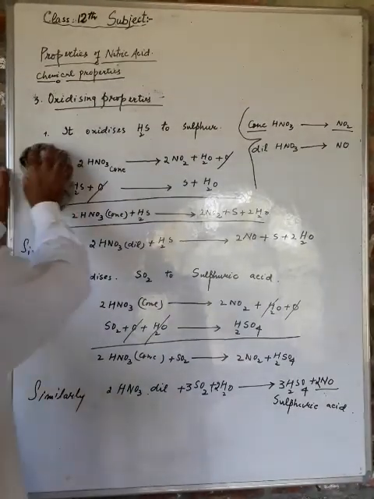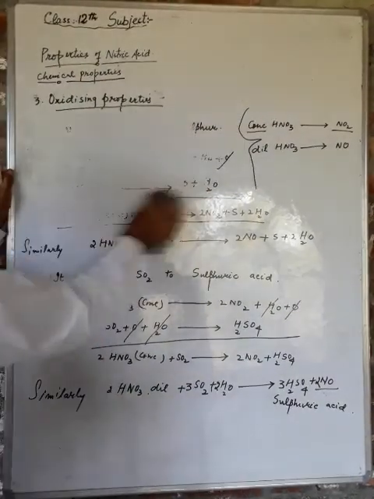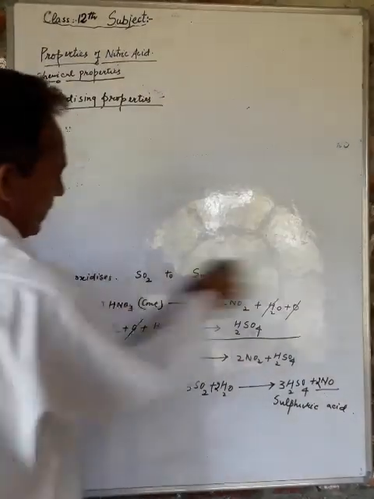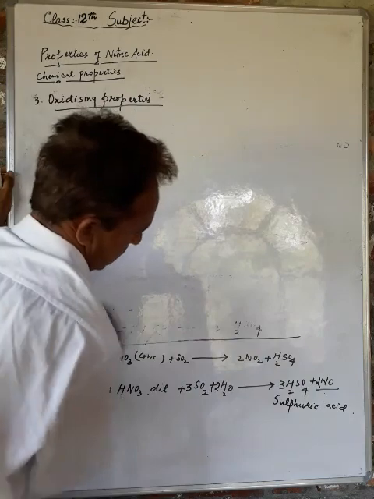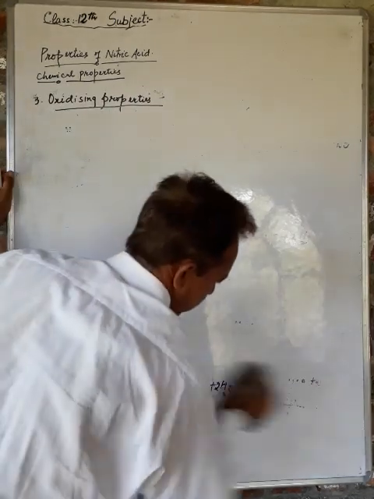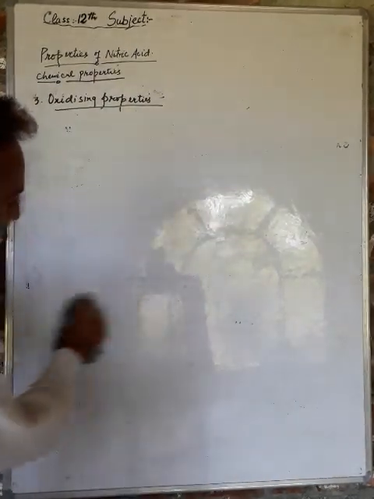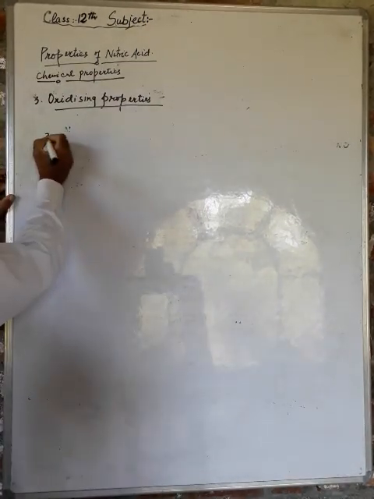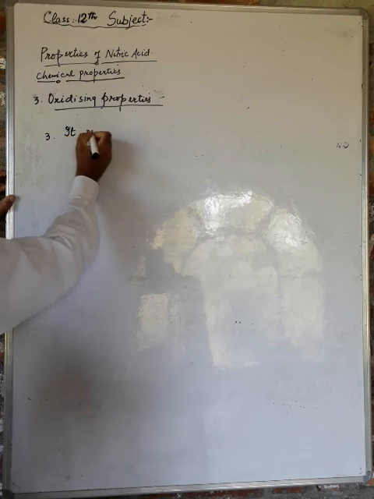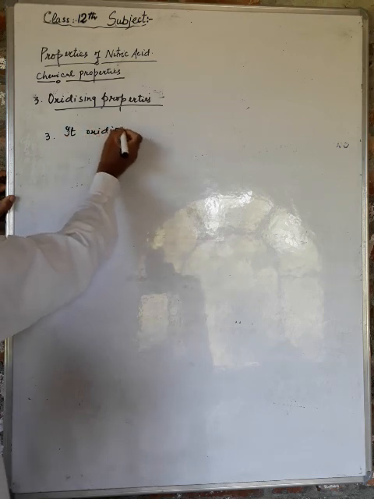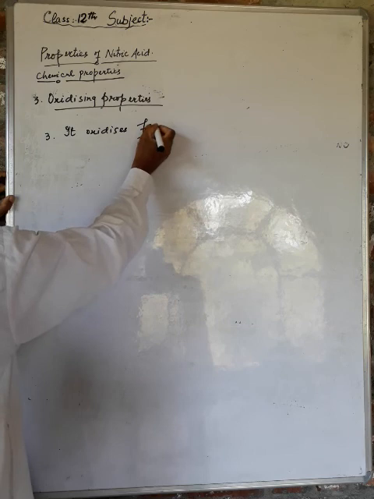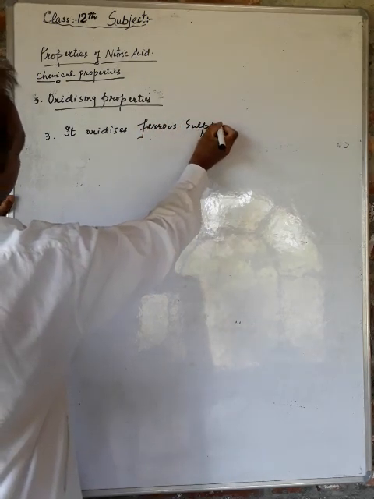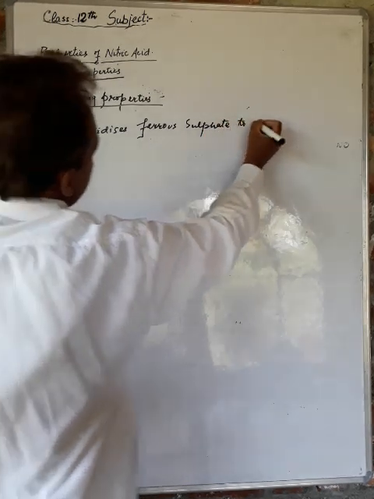Number third is it oxidizes ferrous sulfate to ferric sulfate.